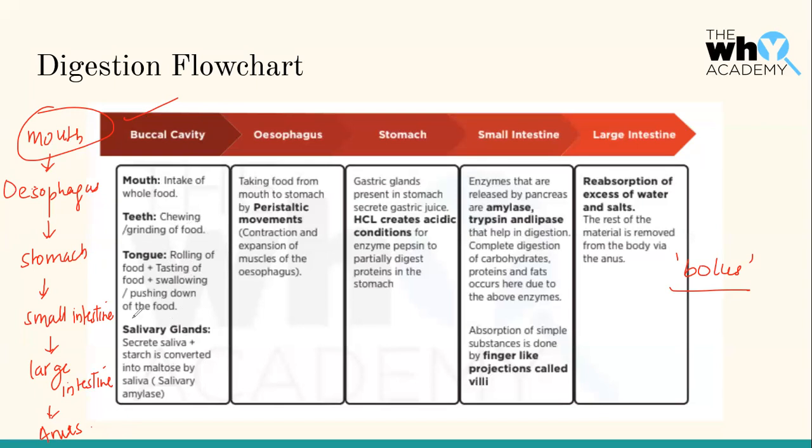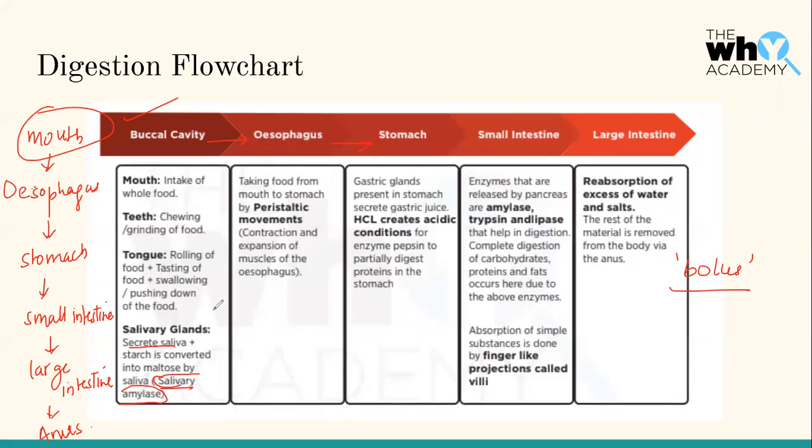It's made into a bolus kind of structure, and that is then sent to the esophagus. Then the esophagus is going to take it all the way down to the stomach, right? So salivary glands secrete saliva, and the main function of saliva would be to break down starch into simple sugars. Okay, so salivary glands secrete salivary amylase. This is the enzyme, you can say, which is secreted.